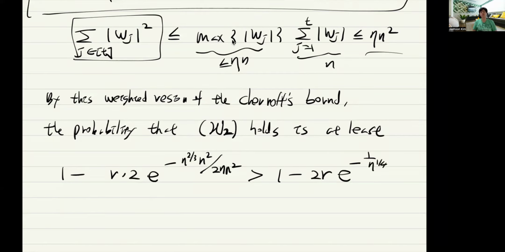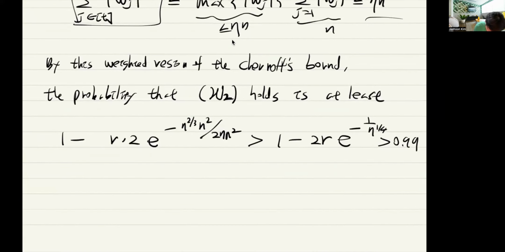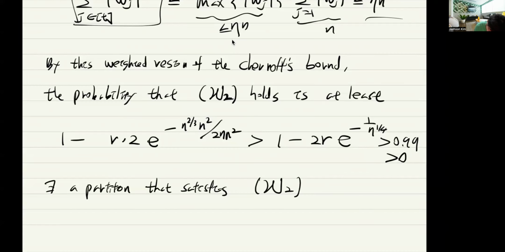And eta is small enough, much smaller than 1 over r, meaning that 1 over eta is much bigger than r. So this is actually at least 0.99. So with positive probability, there exists a partition, this random partition, that satisfies this curly W2 and also curly W1 as well.